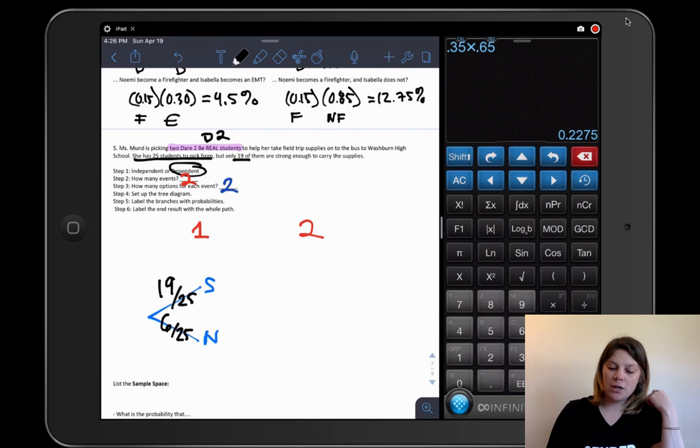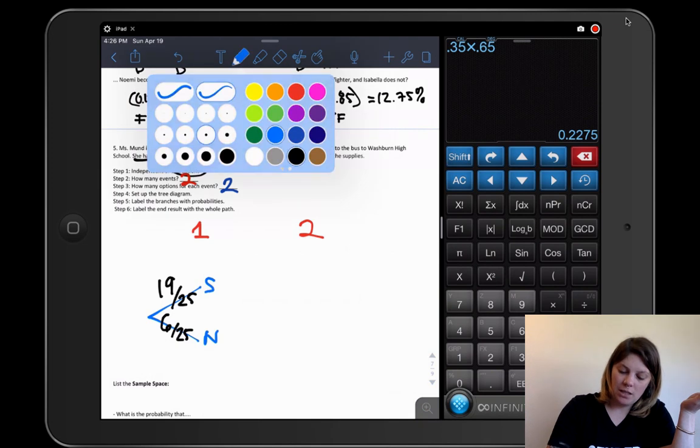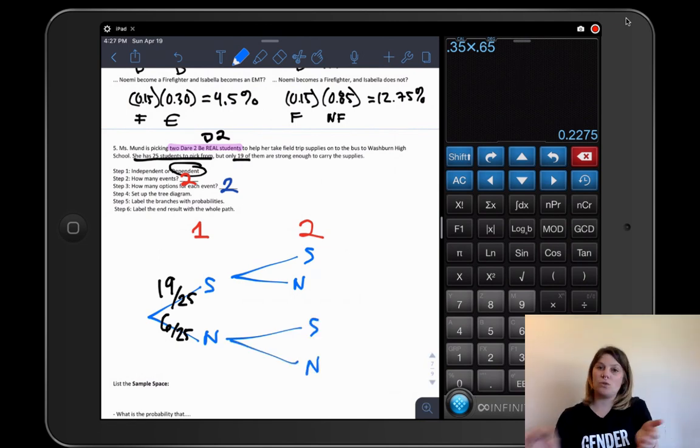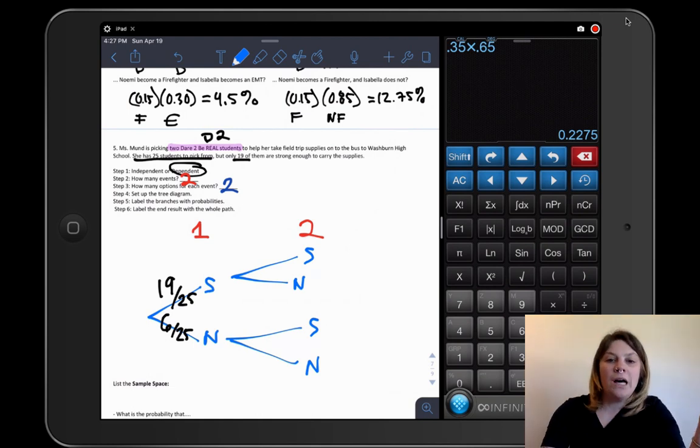All right, so now this is different because we have a dependent scenario. We cannot just copy and paste the probabilities. The tree diagram is the same because you still are going to have 2 types of students that you can choose from, the strong enough and the not strong enough.